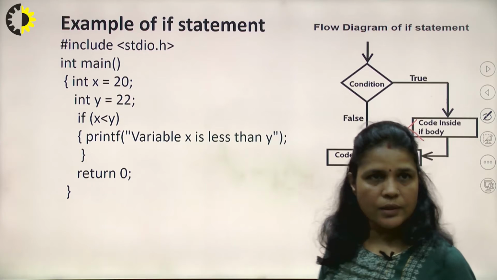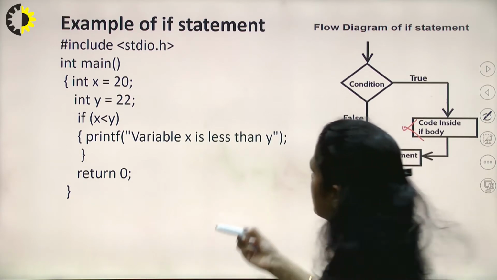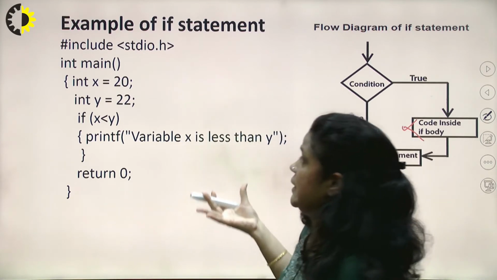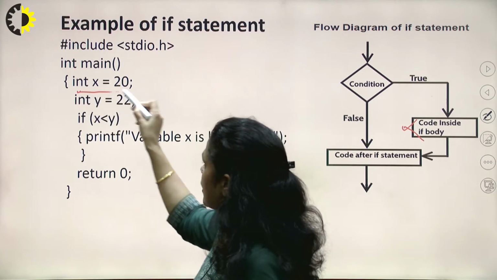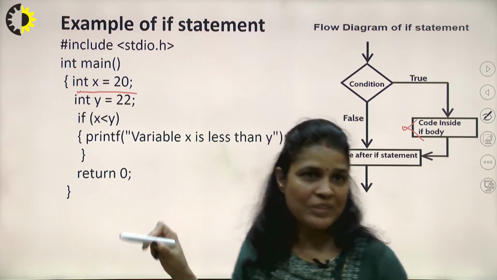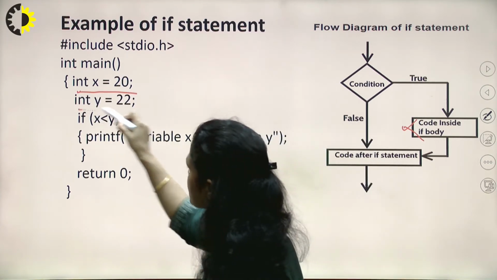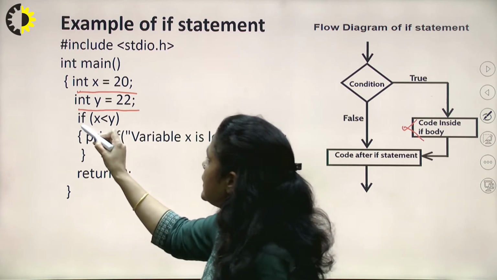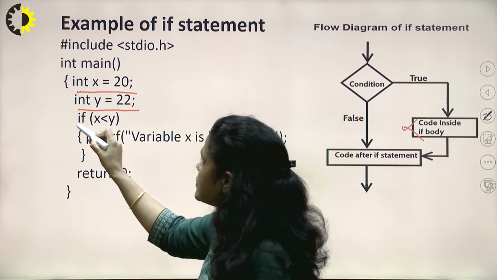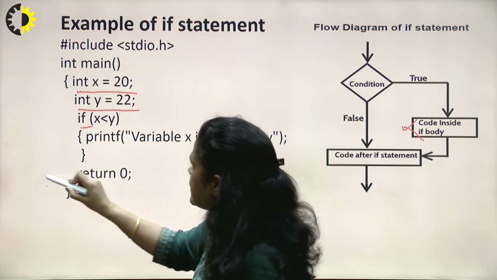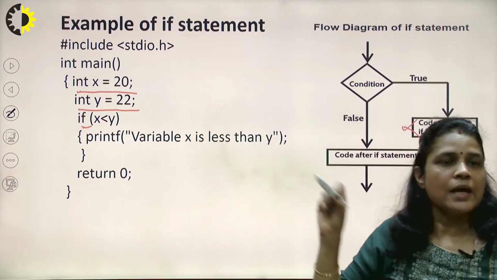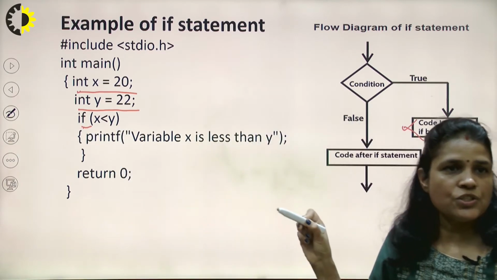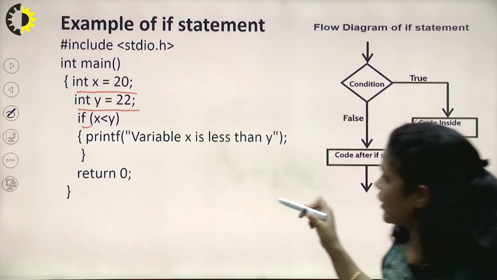If we take an example of the if statement, we are considering a very small example in which we have two variables, both of integer type. In x we have 20, in y we have 22, and we are checking the condition using the simple if. Inside the bracket we are checking the condition if x is less than y.